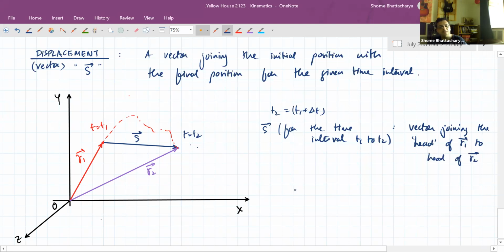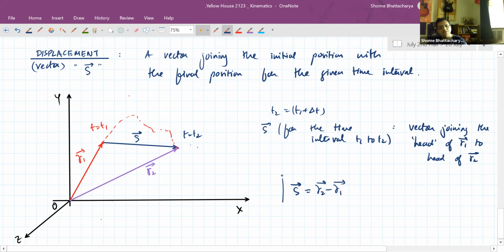So in terms of vector algebra, you can see what this vector is. In this vector triangle, what is the relationship between the three vectors? r1 and r2 are drawn from a common origin and S is pointing from r1 to r2. So S is basically what? It is r2 minus r1.